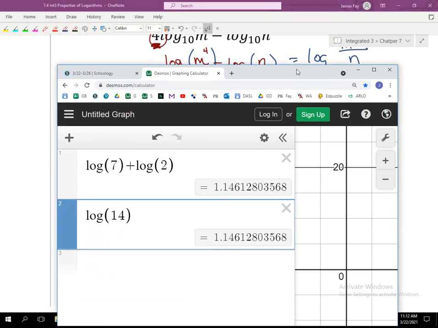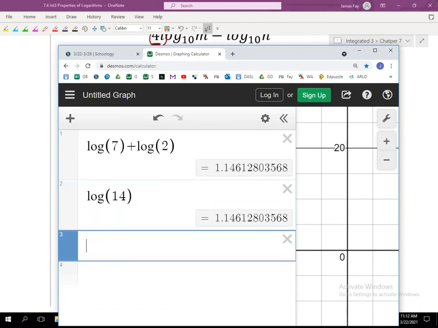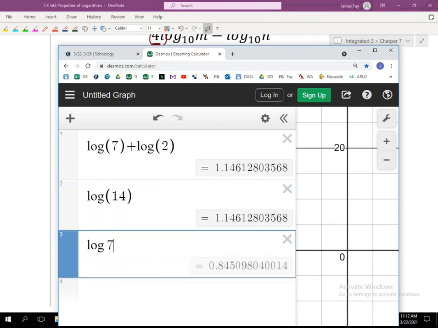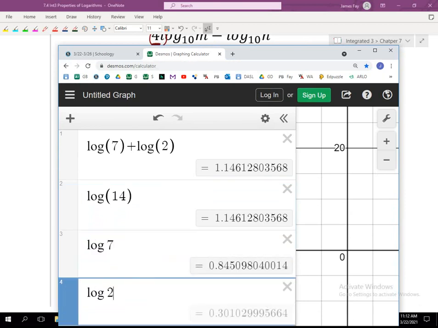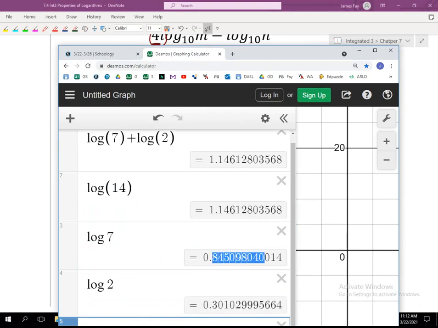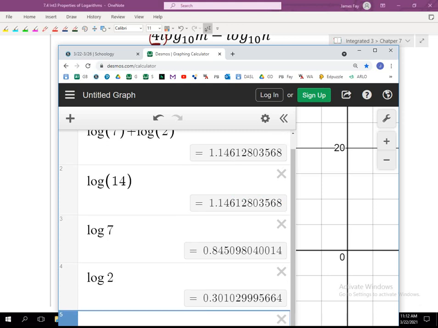Also, what we can figure out here is that if I go log base 10 of 7 and log base 10 of 2, what do you think I'm going to get if I add those two numbers together? We'll get that number right there. So this process is taking these values and combining them into one singular value. This is saying that if I raise 10 to that number right there, I should get 14, right?